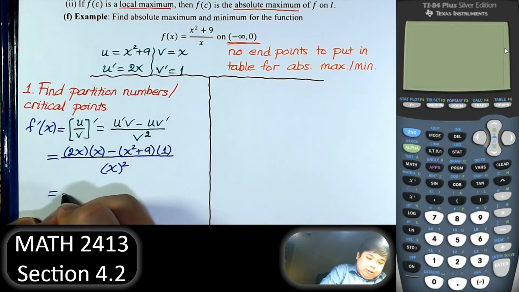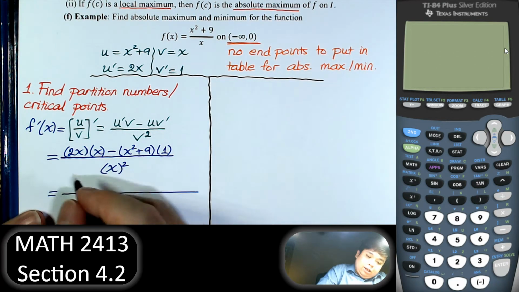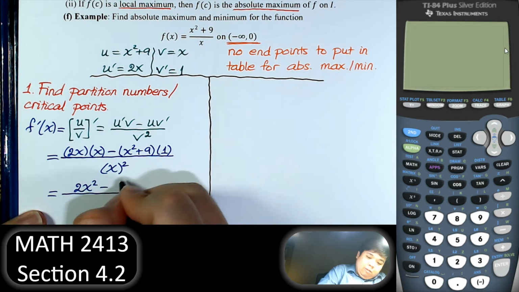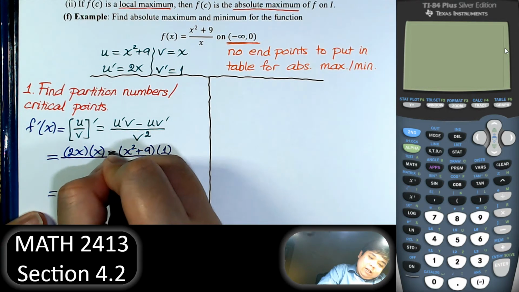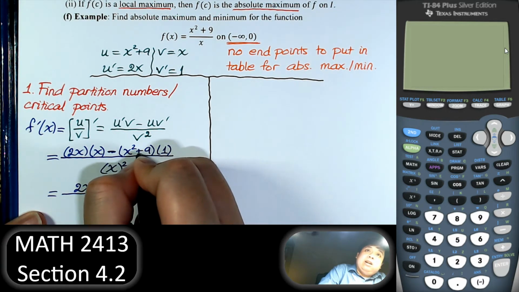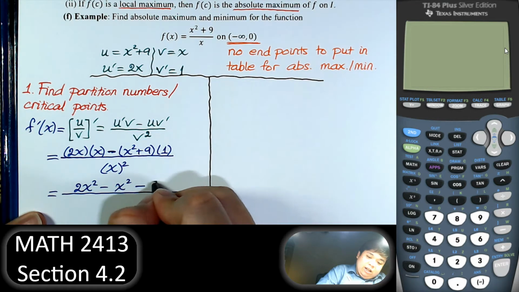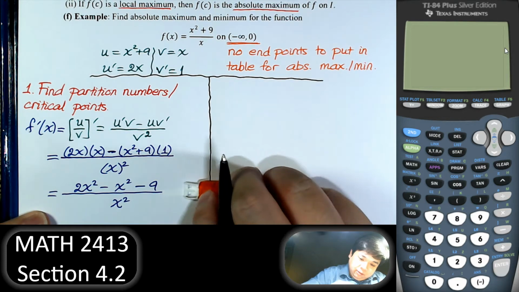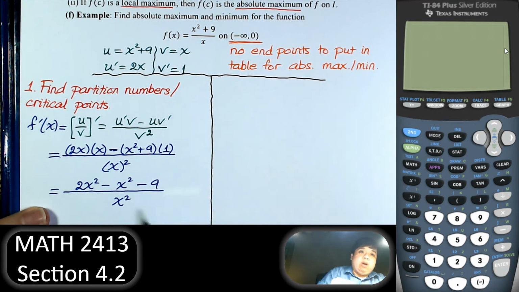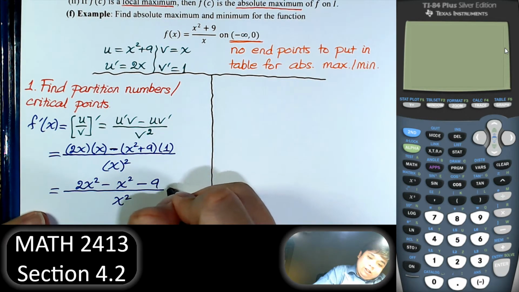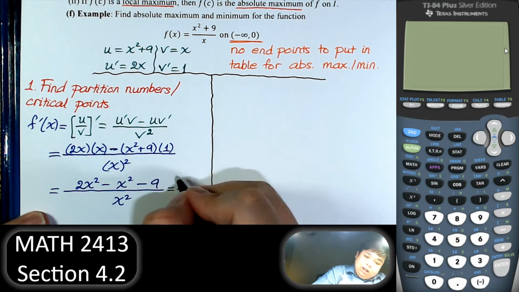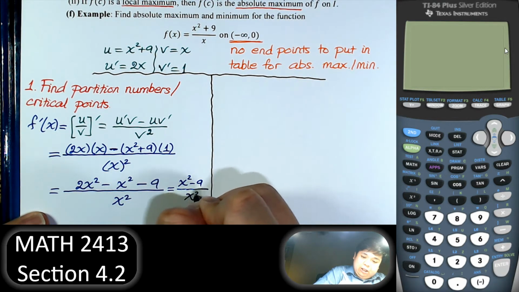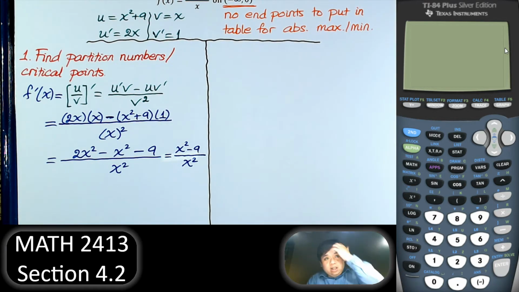Right. That gives us 2x squared minus x squared minus 9, negative times positive is negative, over x squared at the bottom. Right, combine the top. We have just x squared minus 9 over x squared. Right, so that is the derivative.